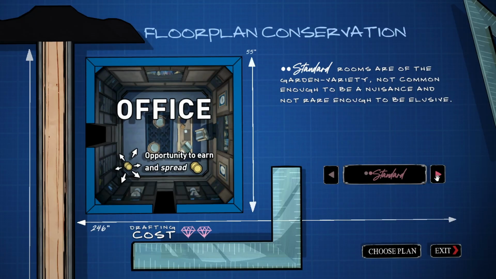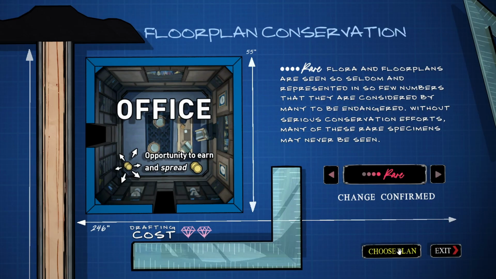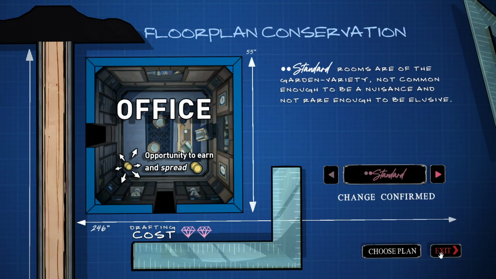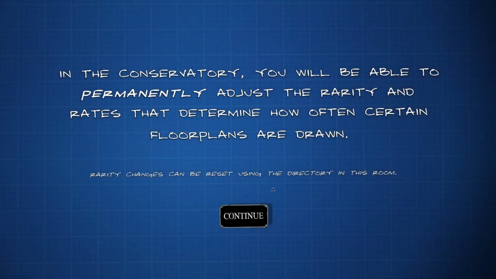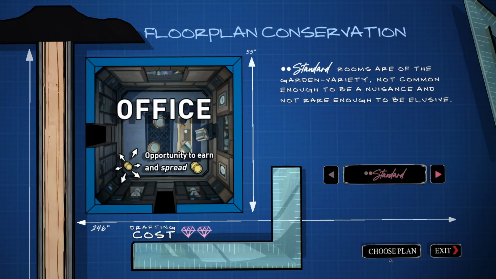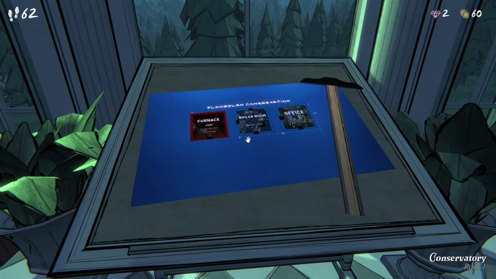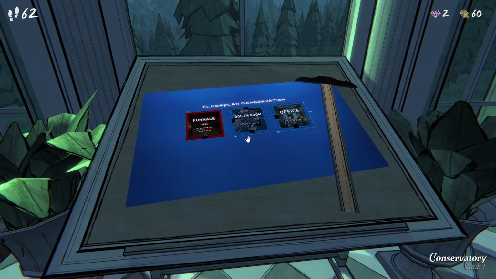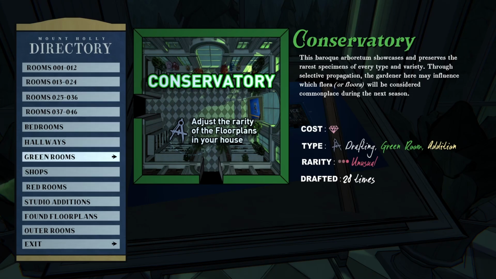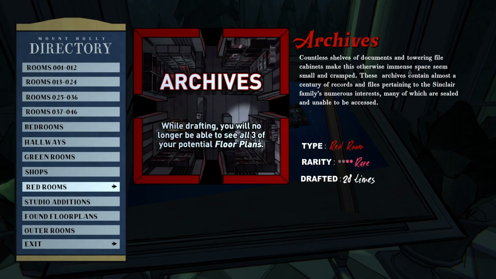Something's wrong. Okay, now it's working. That was strange. Furnace.